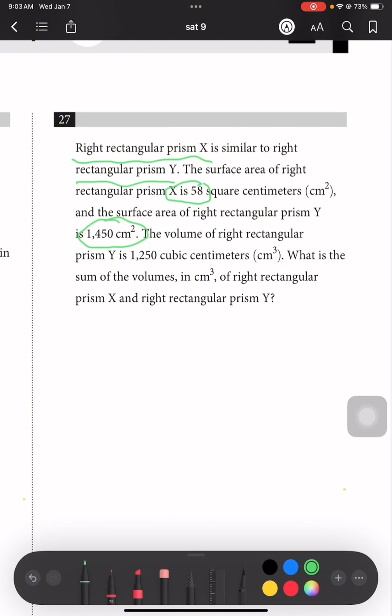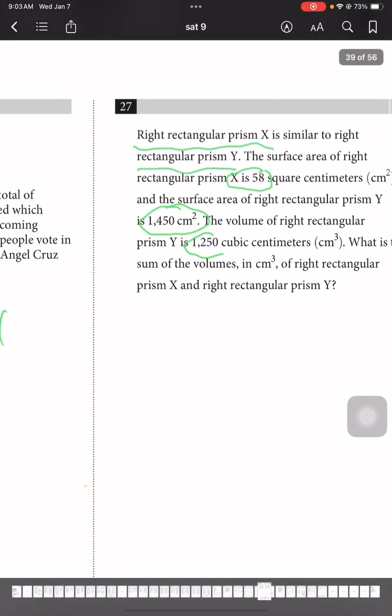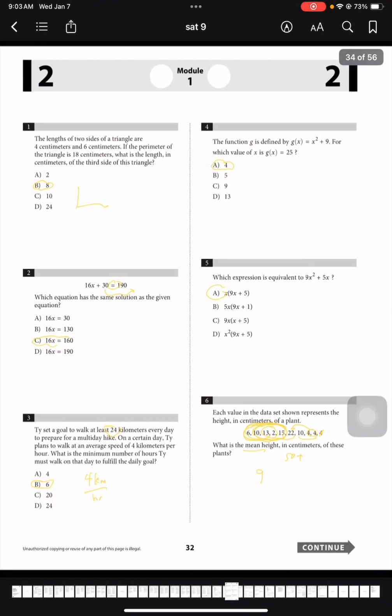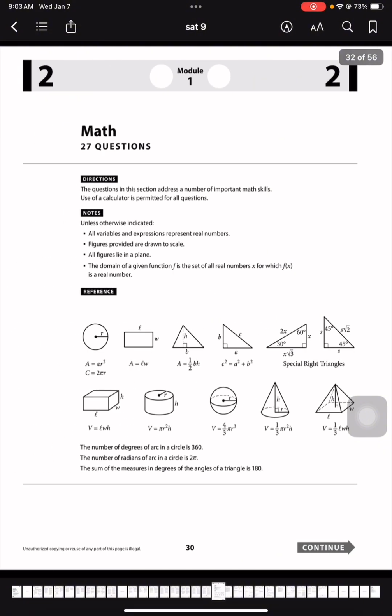The volume of right rectangular prism is 12. What is the sum of the volumes of right rectangular prism? What is a right rectangular prism? Let me look at what it was. Maybe in the front it'll tell me what a right rectangular prism is.